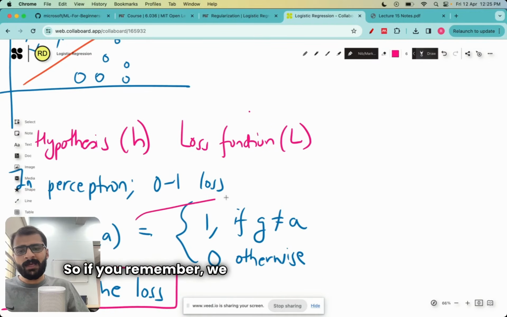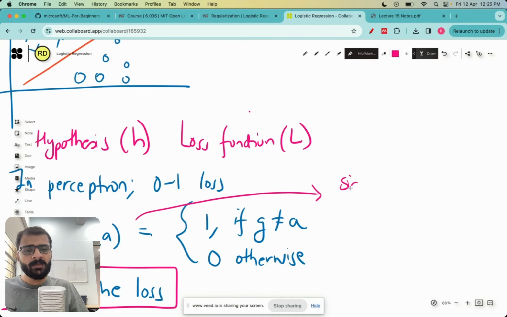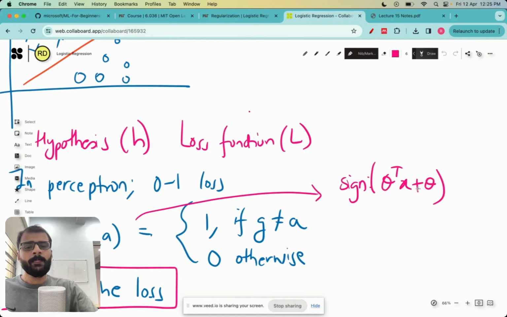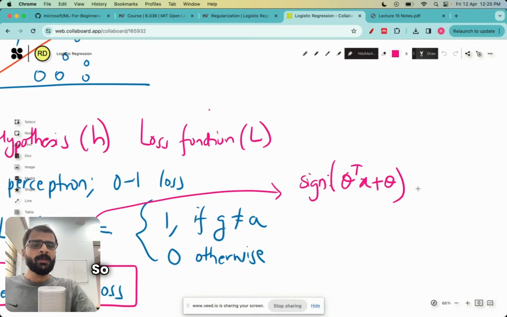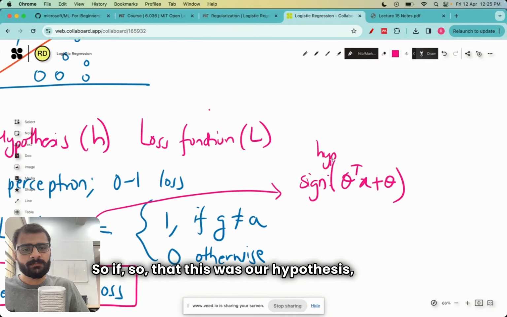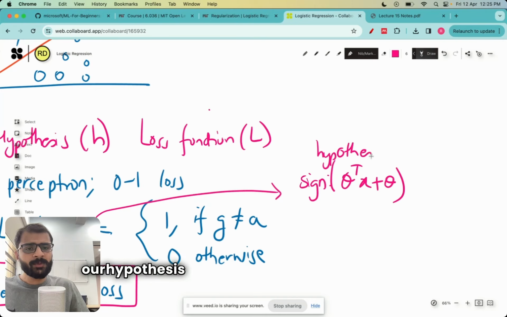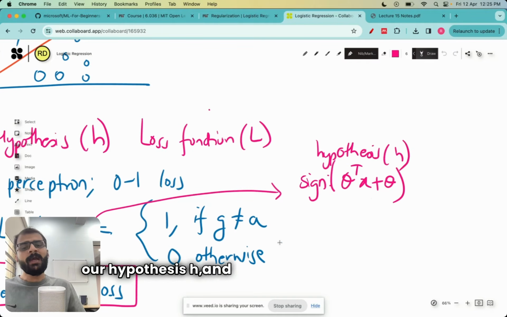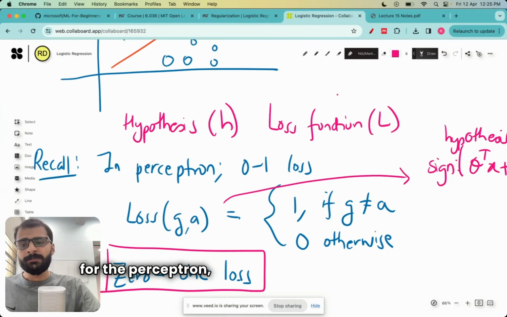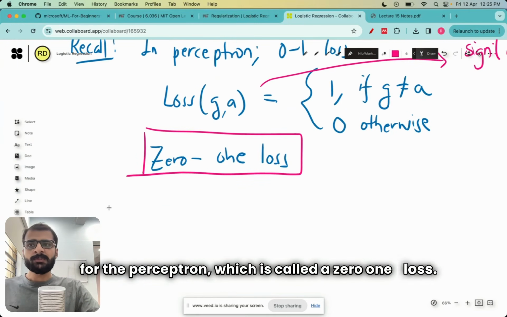So if you remember, we actually had the sign function, which is sign of theta transpose x plus theta naught. This was our hypothesis H, and this was our loss function L for the perceptron, which is called a 0 1 loss.